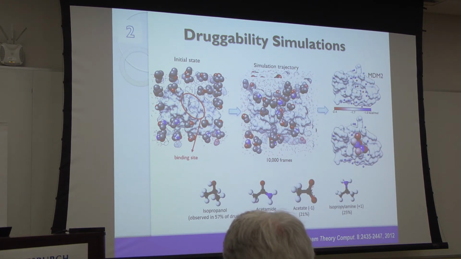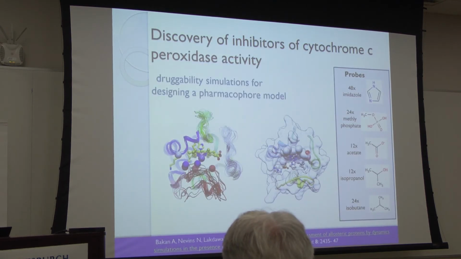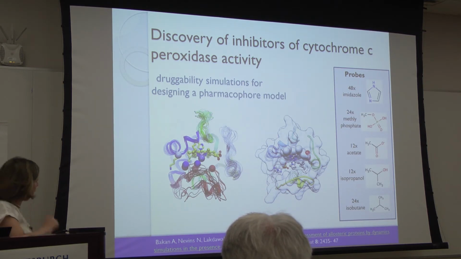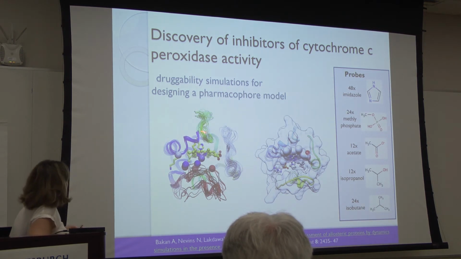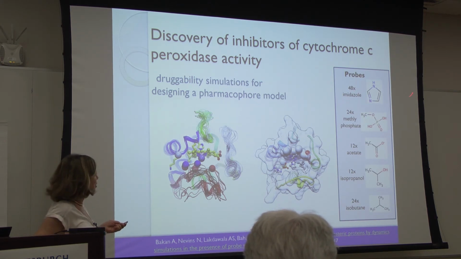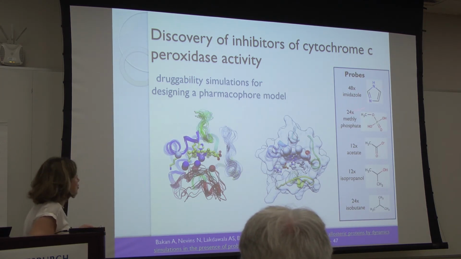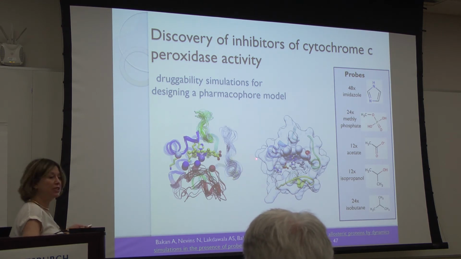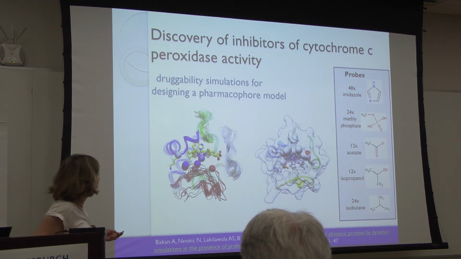Okay. This type of analysis has proven to identify the druggable sites in many known drug-bound enzymes and proteins. And I'll just show one example here, which was for cytochrome C. When we were doing cytochrome C, we added, for example, imidazole, because imidazole is known to interact with the heme group, and we want something to bind here.